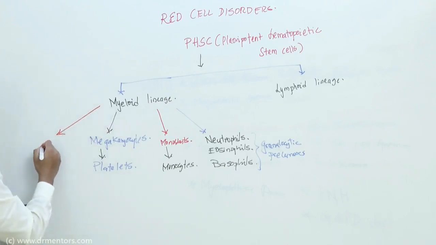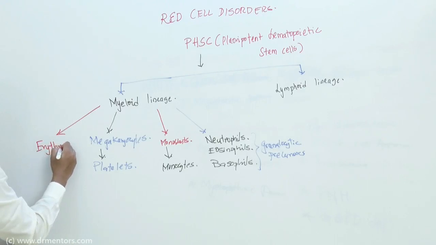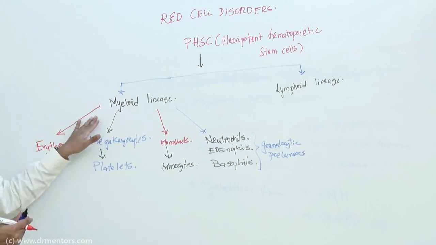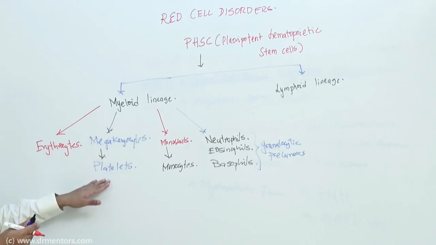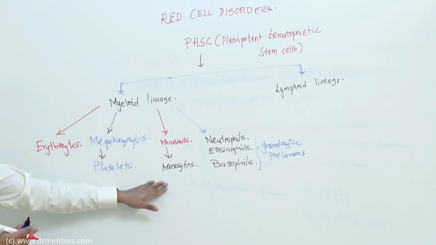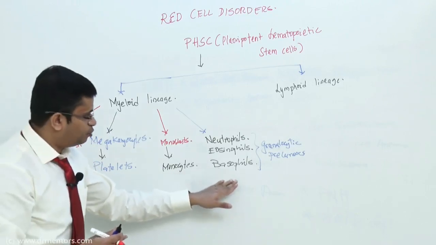Now we'll focus on our importance. Basically, you're interested in the erythrocytes. Erythrocytes also come from the myeloid lineage. So the myeloid lineage gives rise to the erythrocytes, megakaryocytes, monocytes, and granulocytes.